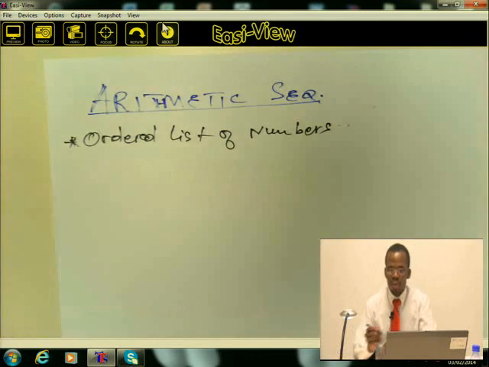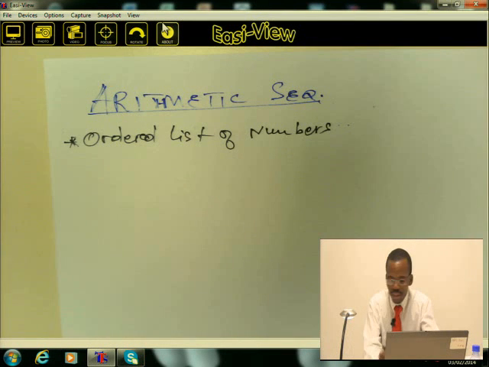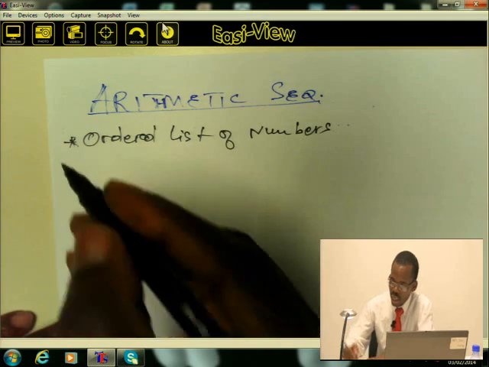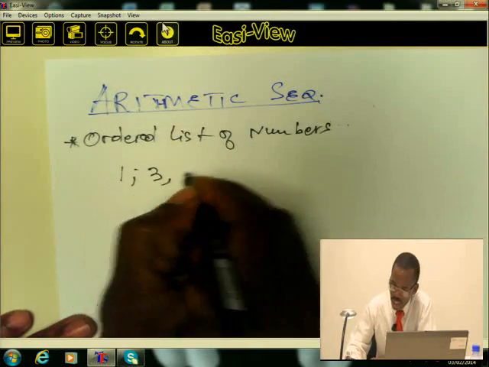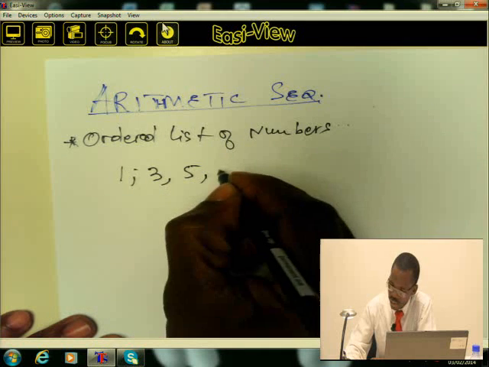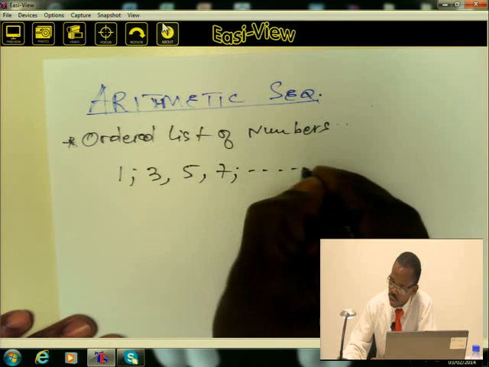This is what we said a sequence is. Now let's just consider the sequence that we are going to start with. Let's consider the sequence, for example, 1, 3, 5, and 7. It can continue up to there.